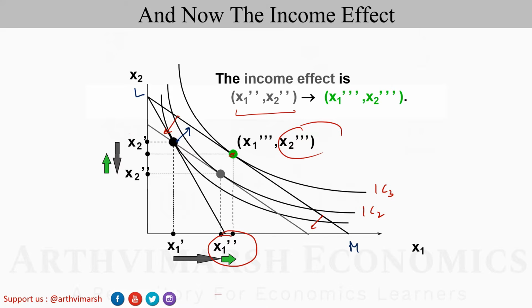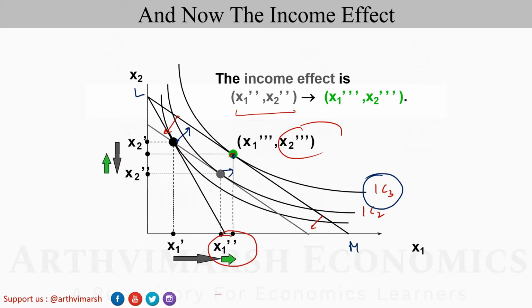As a consequence, the optimal point is going to be at a point where the indifference curve is tangent to the budget line LM. Let us say that point is somewhere here. At this point, if you observe, our x1 had already increased during the pure substitution effect, and because of the increase in income, the x1 consumption has gone up in the new bundle.